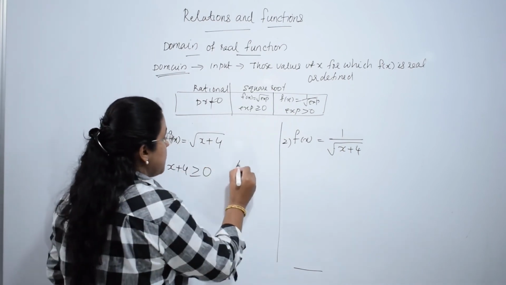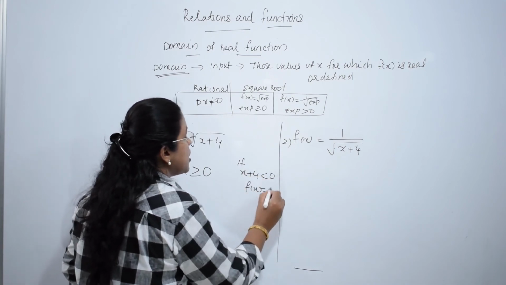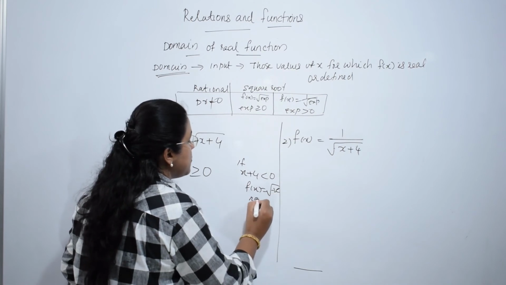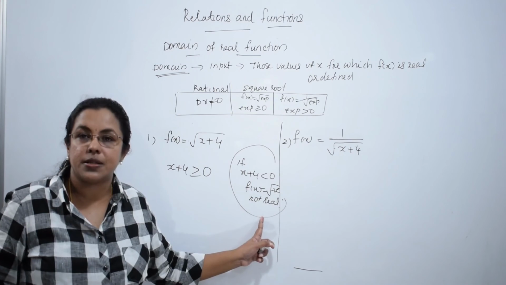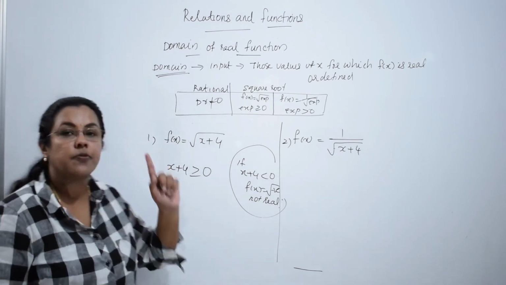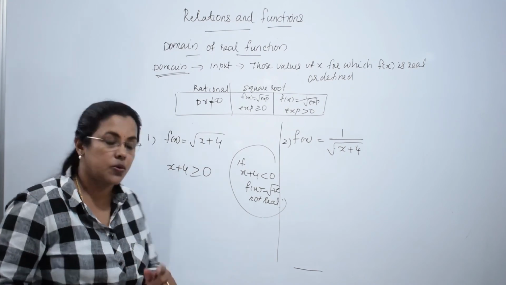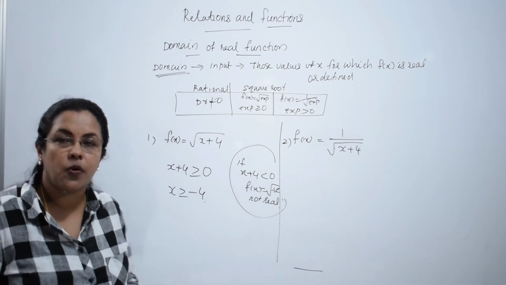If x plus 4 is less than 0, then f of x is the square root of a negative quantity, which is not real. We have to avoid this. That's why the domain is x plus 4 greater than or equal to 0. That means x greater than or equal to minus 4.